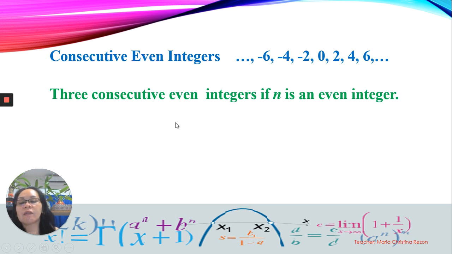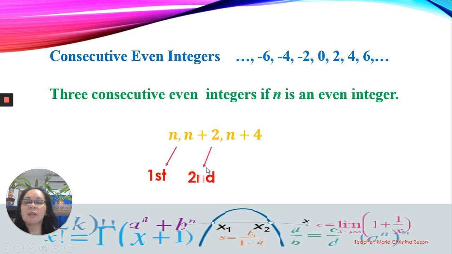So you will have n for our first number. Then, since n is even, adding 2 to it is equal to an even number as well. So you'll have n plus 2 is the second integer, and then n plus 4 is our third integer.